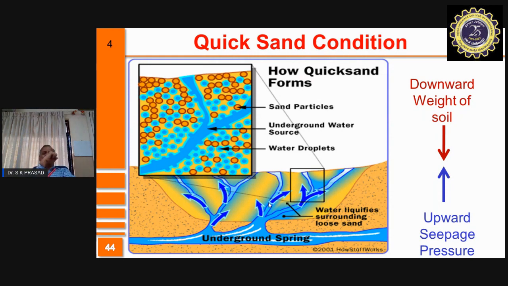So when downward weight of the soil, which actually gives the effective stress, is balanced by the upward seepage flow or pore water force, effective stress is going to reduce, and in the worst situation, it's going to become zero. That's when you say that quicksand condition has occurred. Why? Effective stress in soil is zero.